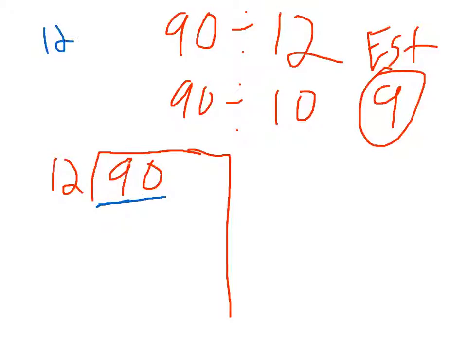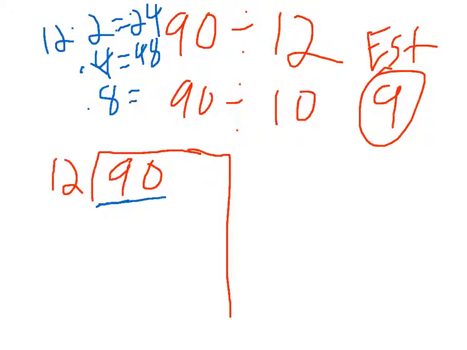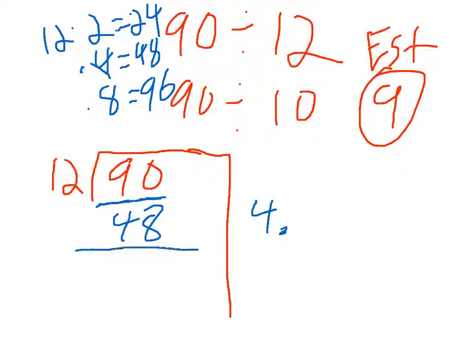Well, I know that 12 times 2 is 24, times 4 would be 48, and times 8 would be 96, so that's too many. So I'm just going to go with times 4 here, and we are in the 1 spot, so I'm going to go with a 4 in my 1 spot. 4 times 12 is 48. Do the subtraction, 10, do the borrowing. 10 minus 8 is 2, 8 minus 4 is 2.